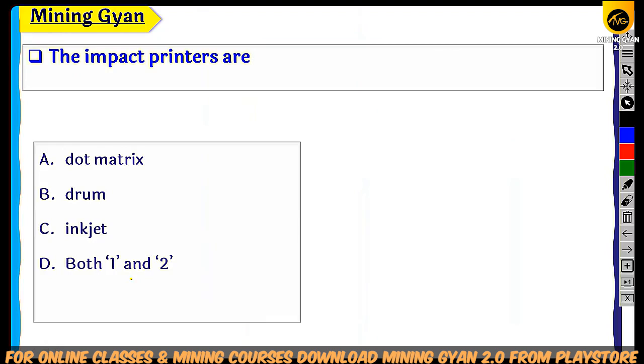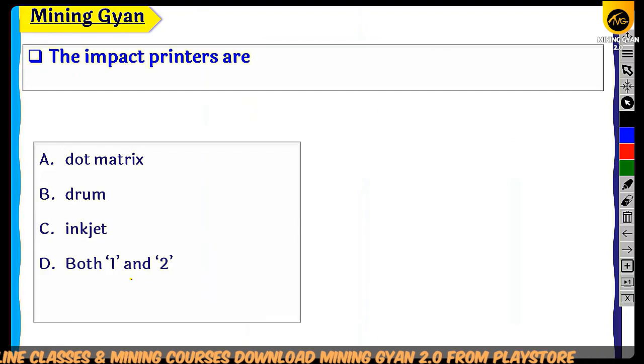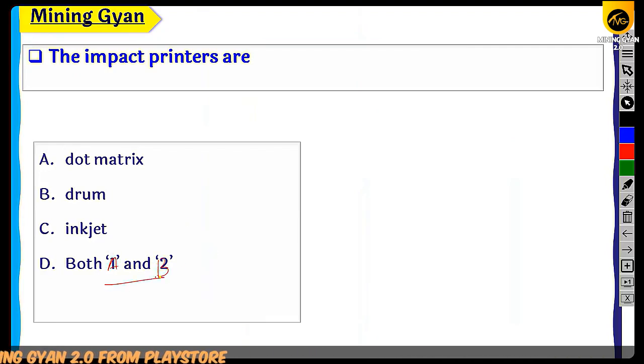Inkjet is a type of printer which belongs to the non-impact category. So A and B are impact printers. So option D, both A and B, is the correct answer. That means dot matrix and drum both belong to the category of impact printing.